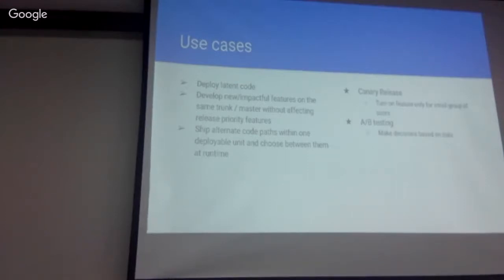So what do we gain out of this? It helps us do something called canary releases. That is, we can turn on the features only for a certain set of users.